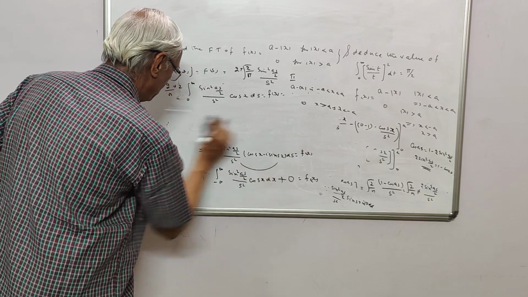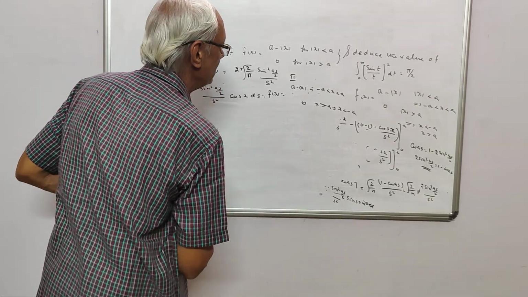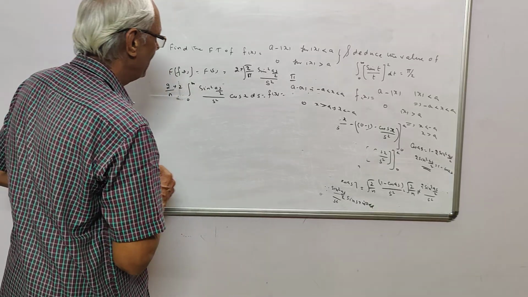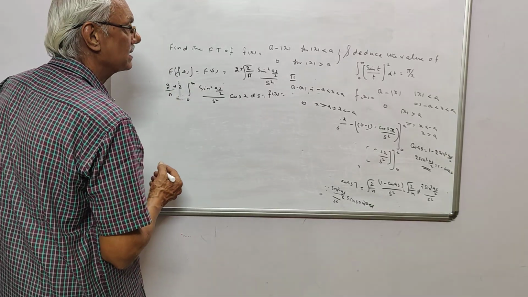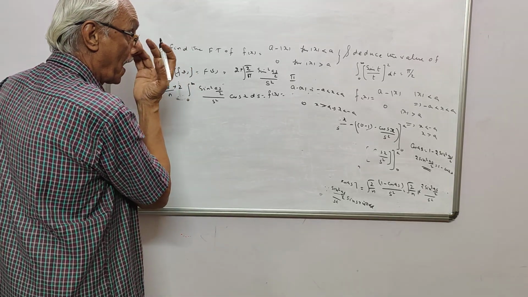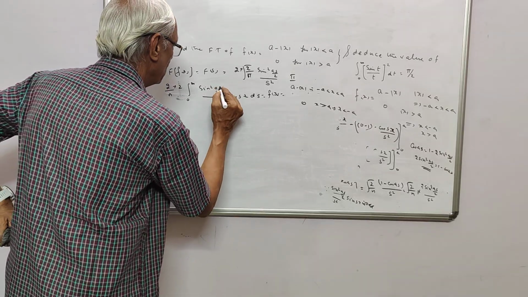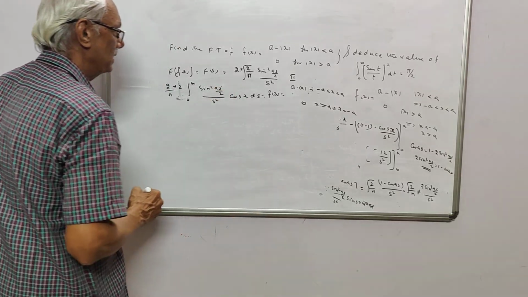So what is that you will get here? What are you asked to get the value? Sine squared t. So take as by 2.